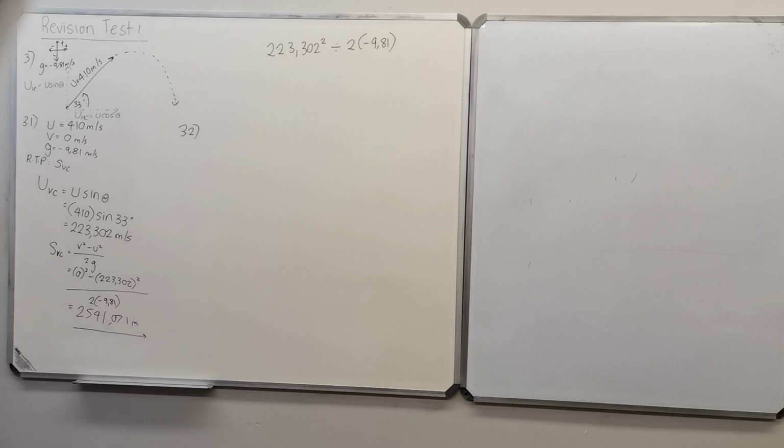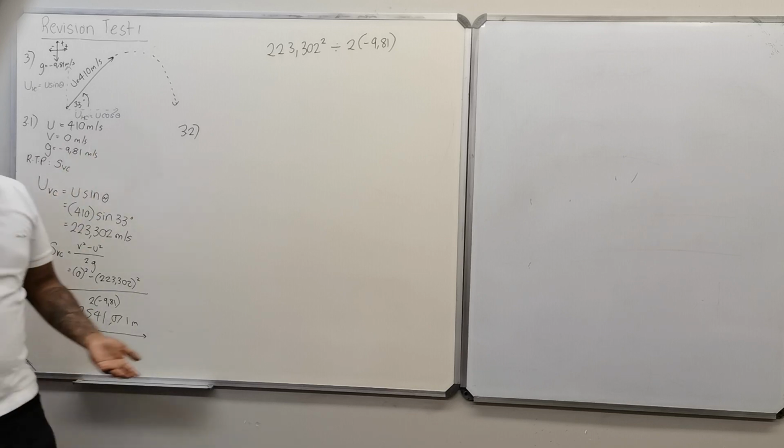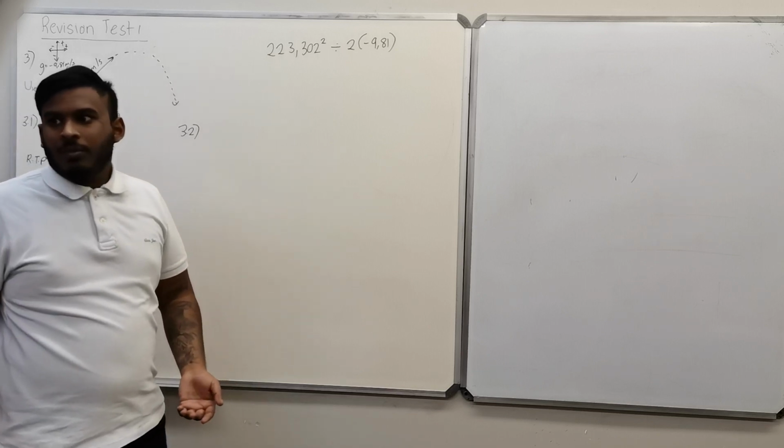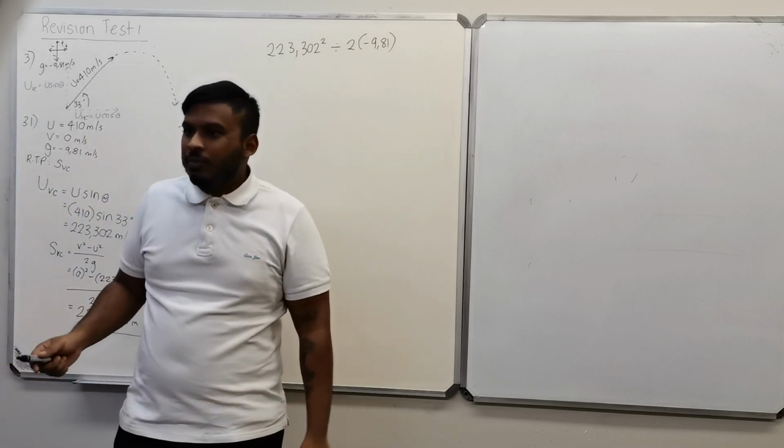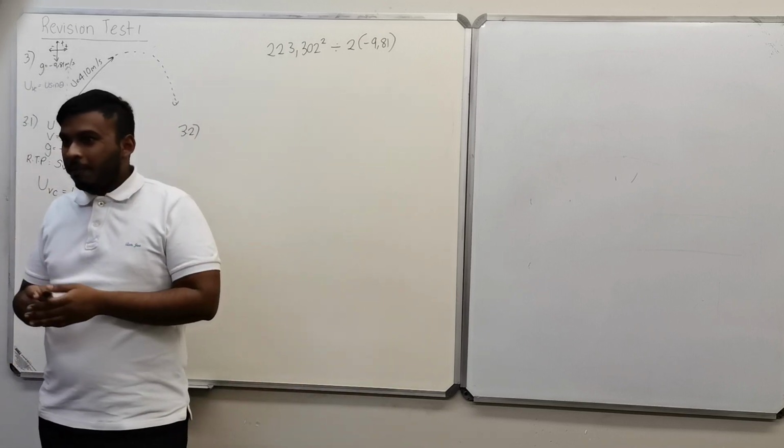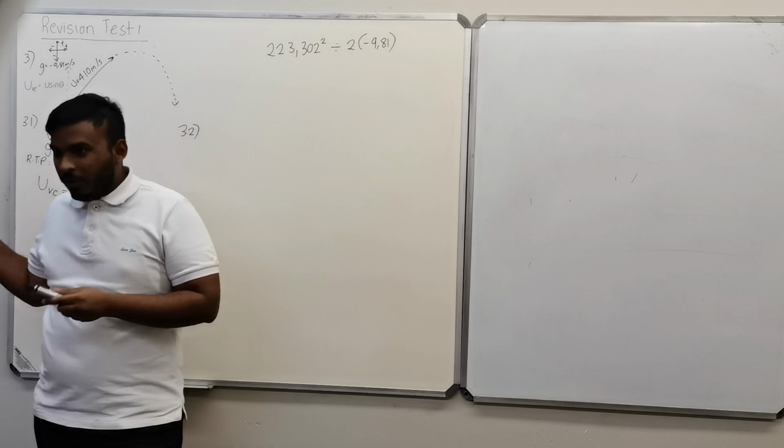How do we answer the second question, 3.2? I worked out the time first, and then I worked out the velocity. Let's work out the time first. Horizontal. So what time are we working on? Why are we working on the time?